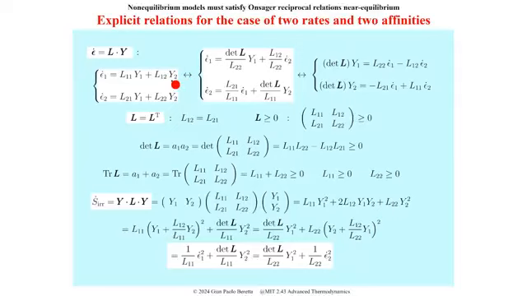So in some extreme cases, you might have a reaction 1 that advances not due to its own degree of disequilibrium, but due to the degree of disequilibrium of another reaction.